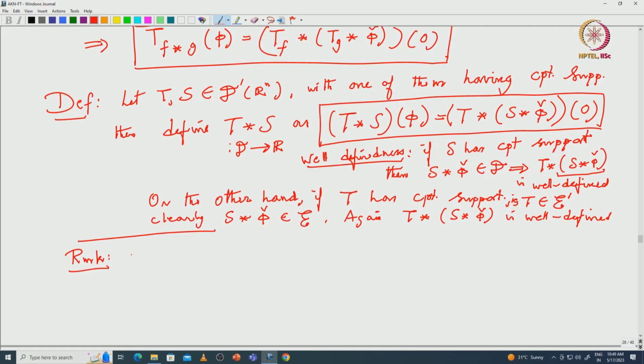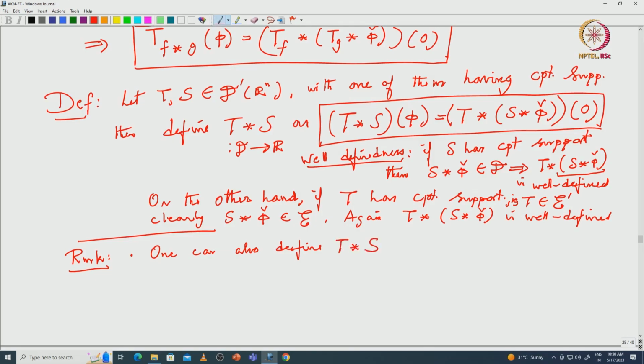So, the issue is that one can also define, using the characterization, one can also define axiomatically, in some sense, not really axiomatically, so I do not write it. Define T star of S.